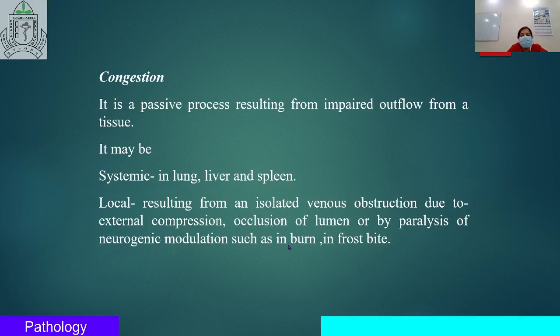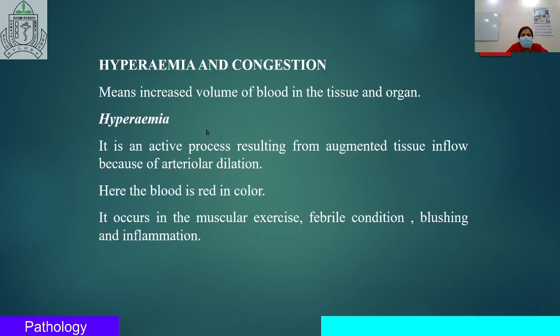So, a patient with a burn may have a congested area. Why? There is paralysis of the neurogenic modulation. Or in frostbite. So, it is simple: hyperemia and congestion.